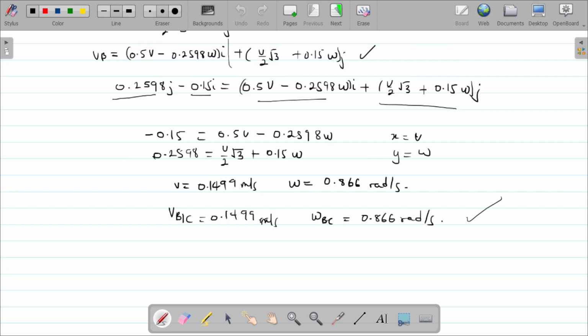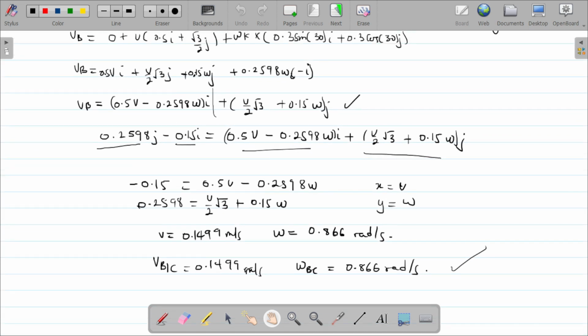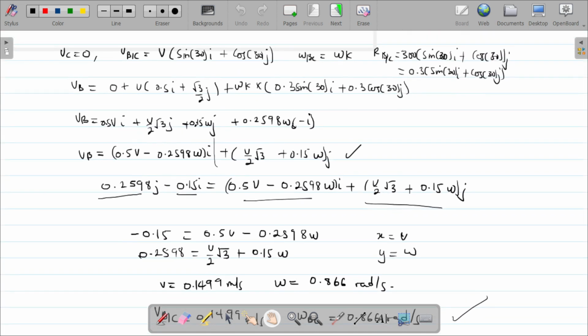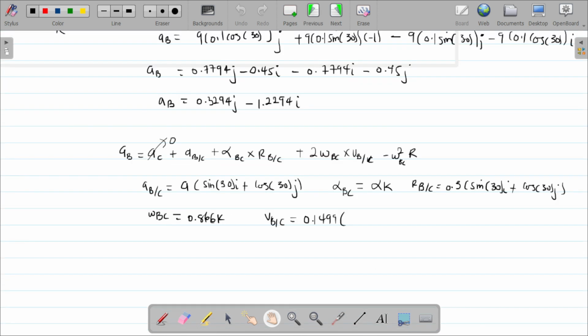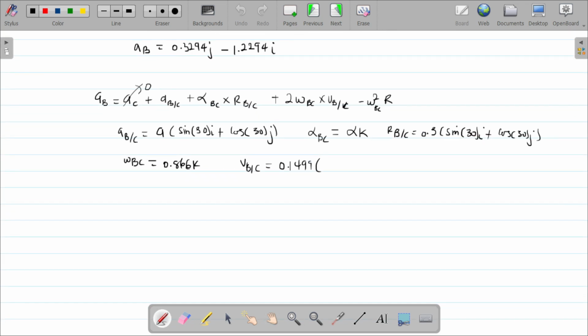We made this assumption earlier that the sliding velocity of B with respect to C is going to be this, the magnitude times sine 30 i plus cos 30 j. So we know everything here.